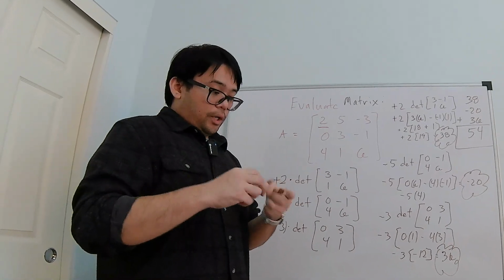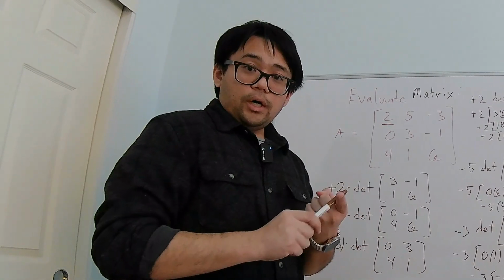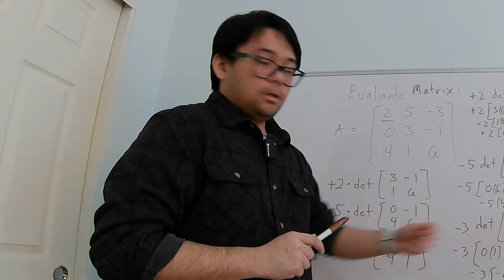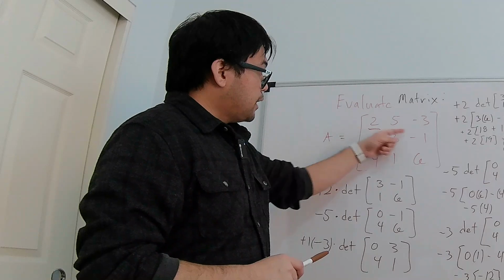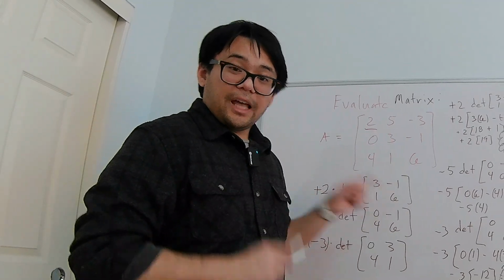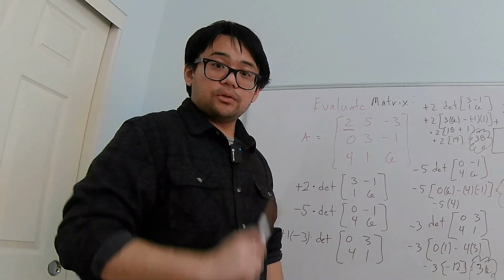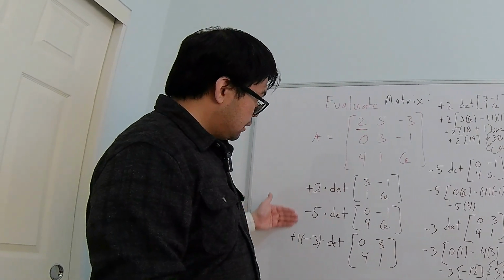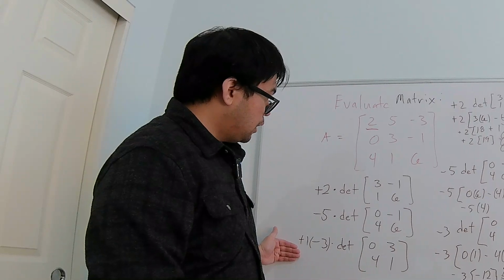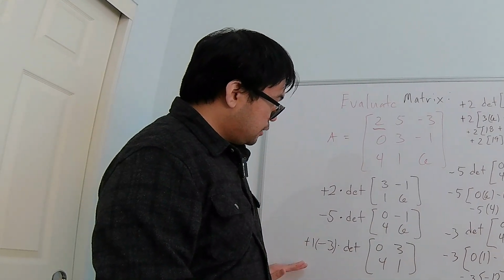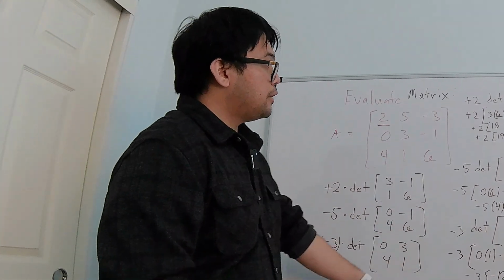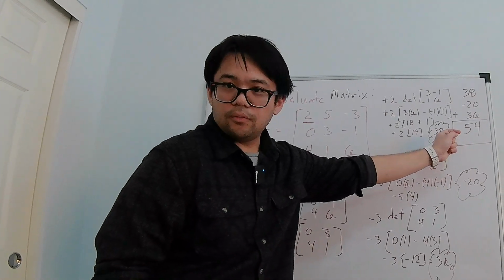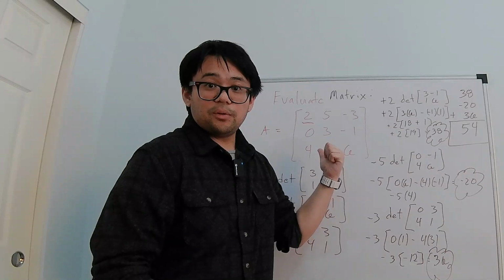You just need to know how to place signs on each one of these elements in the 3 by 3 matrix, and how to take a 2 by 2 matrix determinant. And then with that, you follow this procedure that I outlined here. You take these expressions, evaluate them, and then you find right here the determinant of the 3 by 3 matrix.